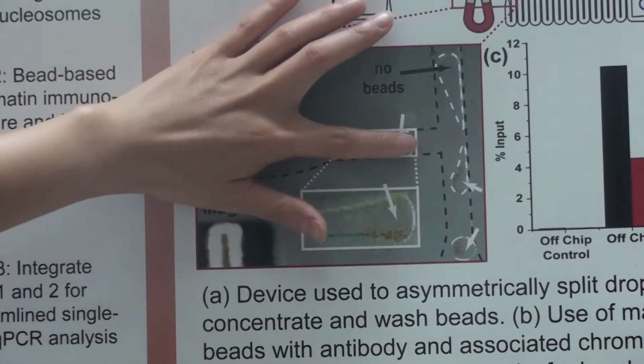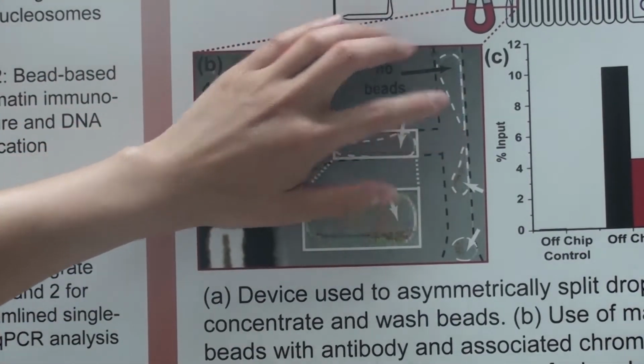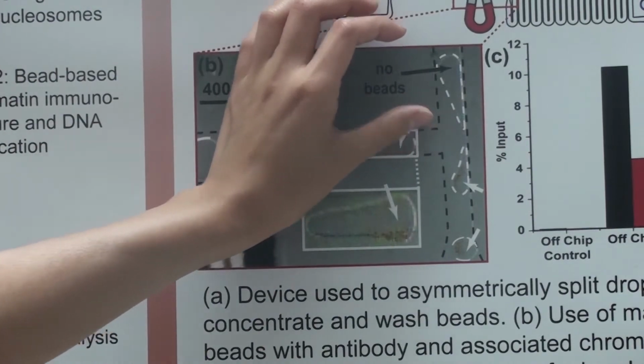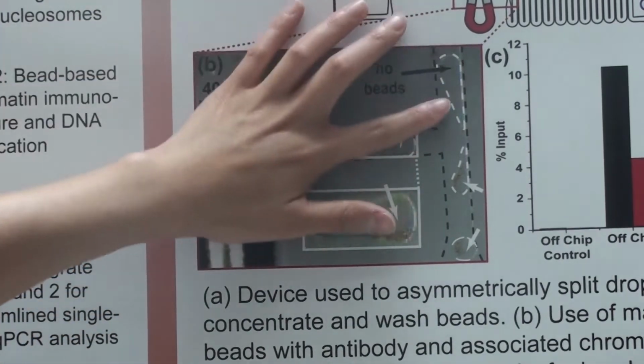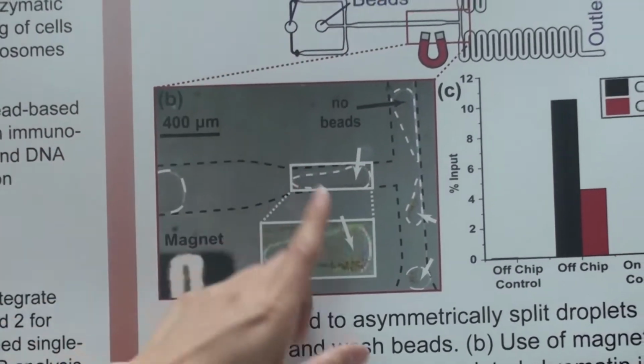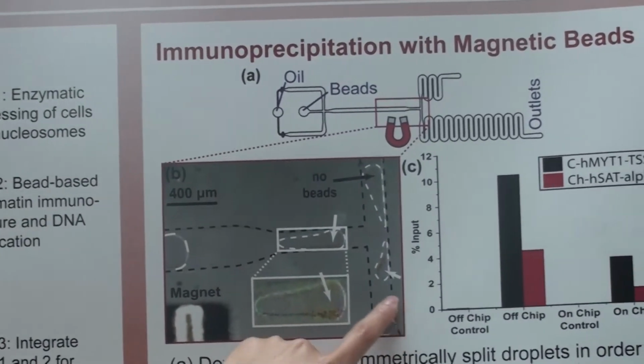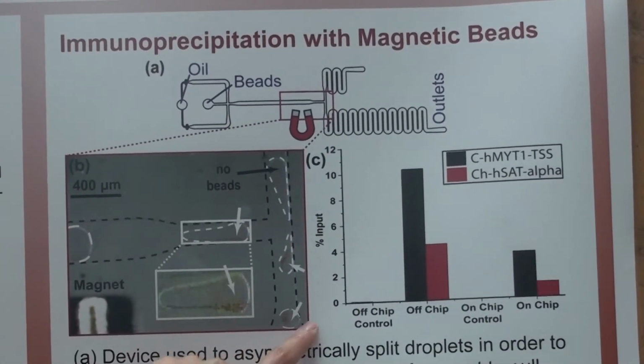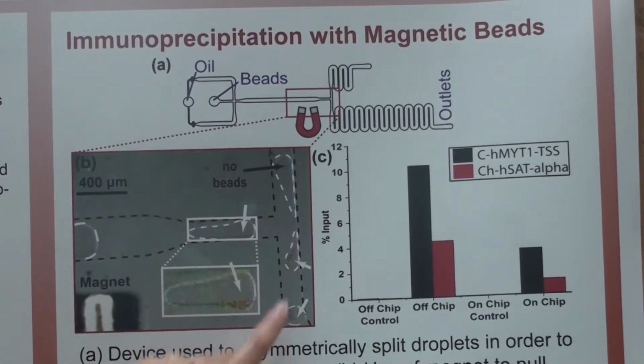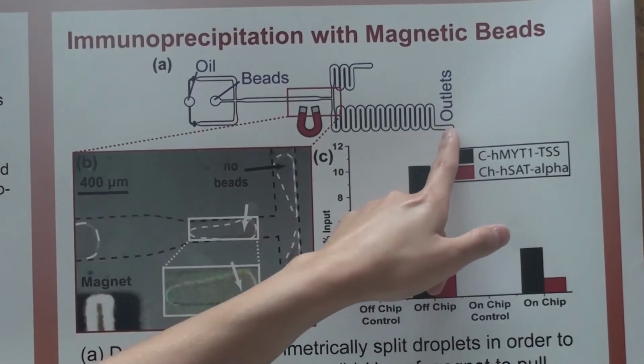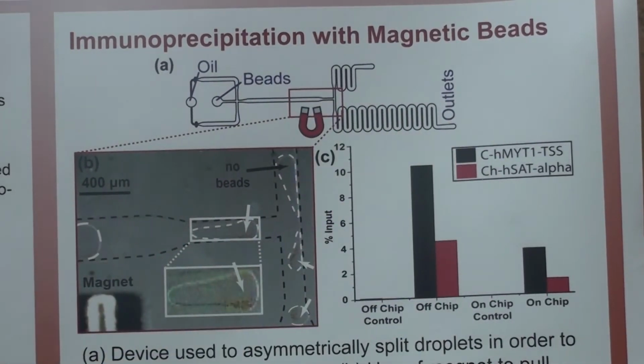So when this droplet hits the side wall of the channel, most of the liquid will get split onto the upper channel, while what I'm going to get will be the concentrated droplet with all of my magnetic beads, and this will be collected at its outlet for future detection.